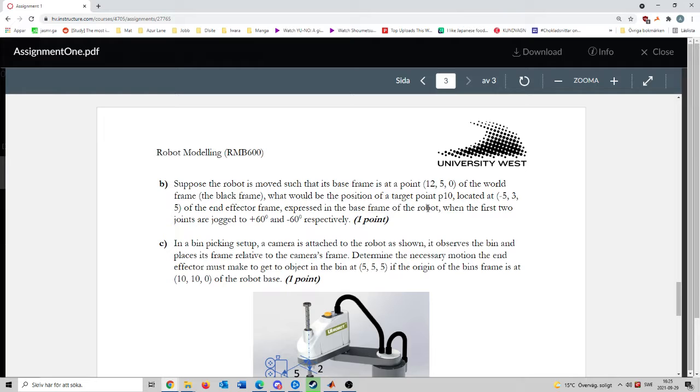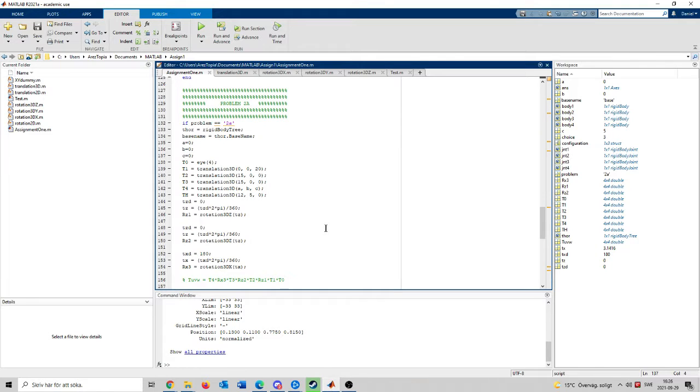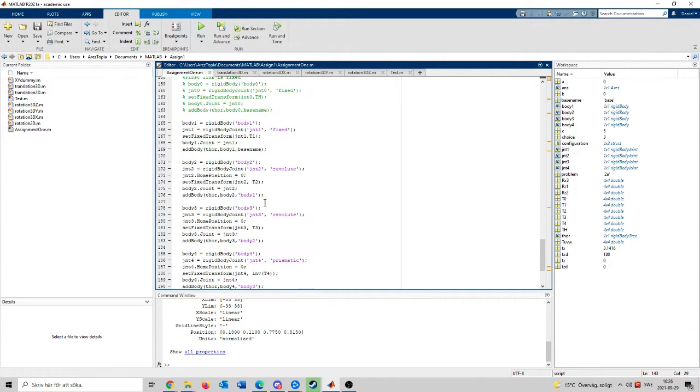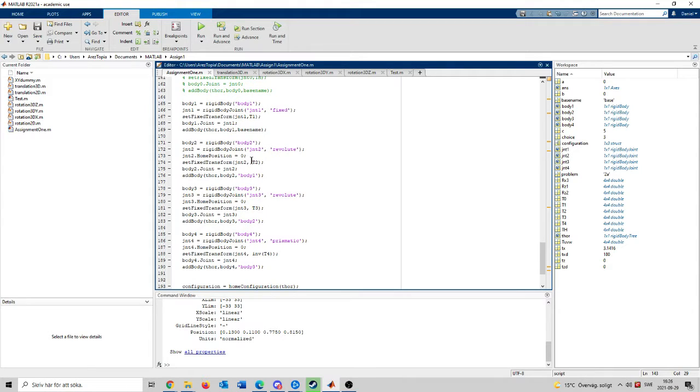So essentially, 2B would be, and this is why I'm asking you, because I'm worried that maybe it's too straightforward. The only thing I would need to do to solve 2B would be to set my joint home position. I think joint position 2 would be set to plus 60 degrees, which I have to convert to radians, and the third joint would be minus 60.